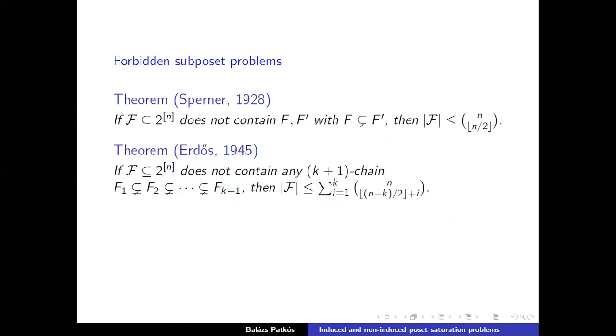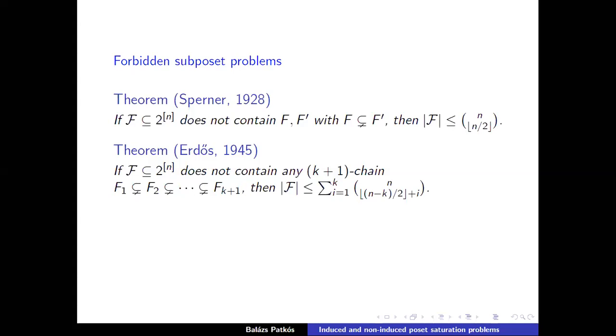Okay, so let's get closer to our topic today, forbidden subposet problems. Sperner's theorem is one of the two theorems that are always on my slides. The other one is Erdős-Ko-Rado. Today it's Sperner, because I'm talking about containment results. So what does it say?